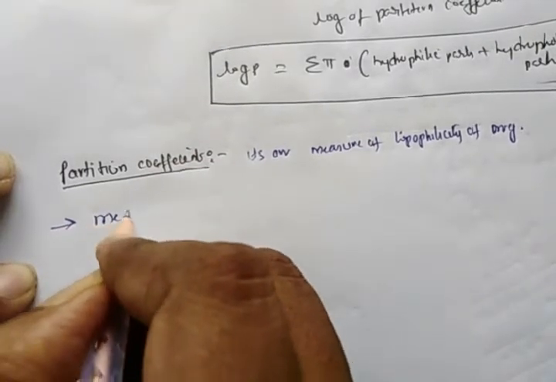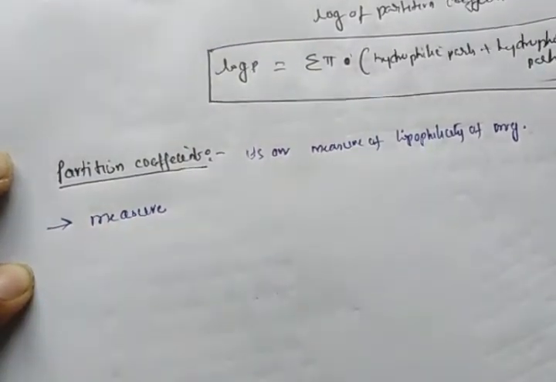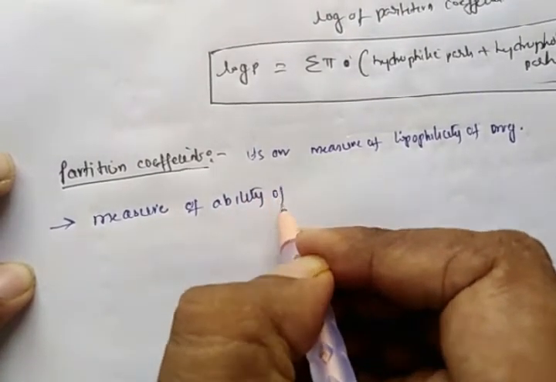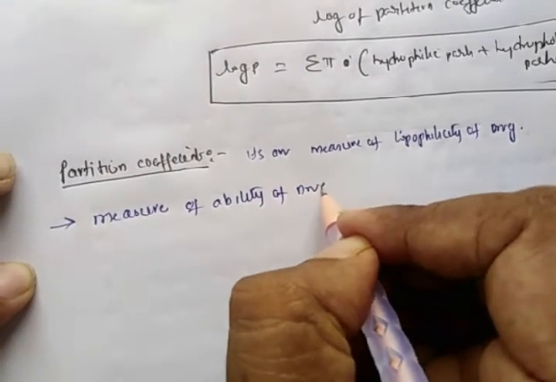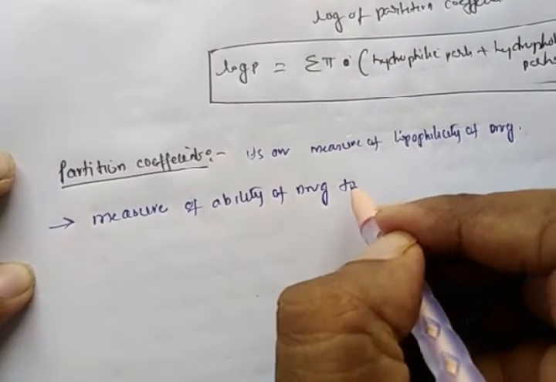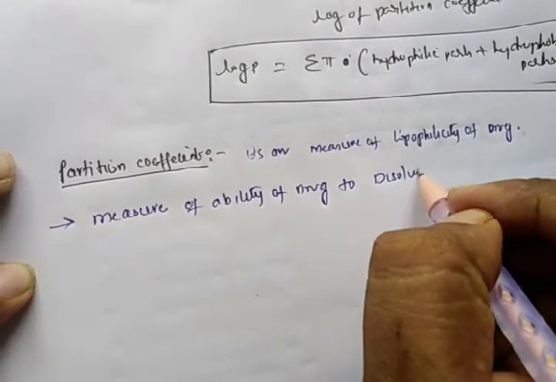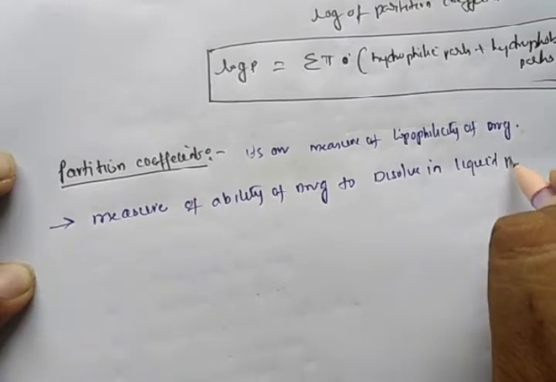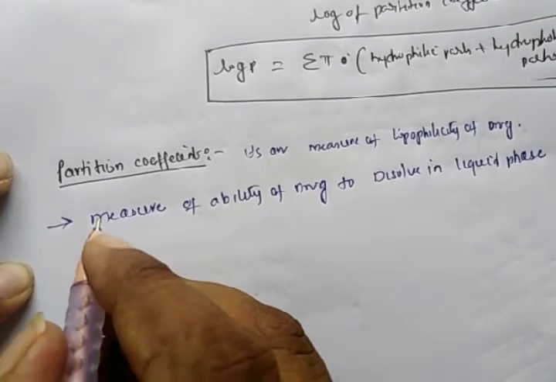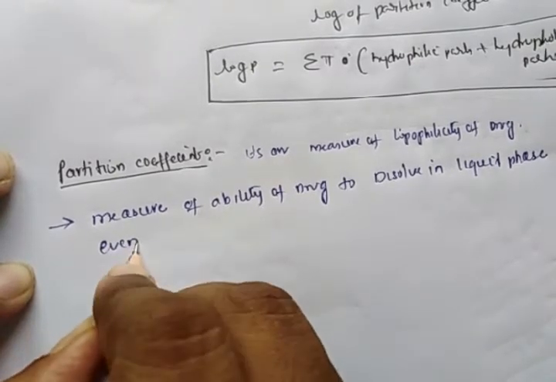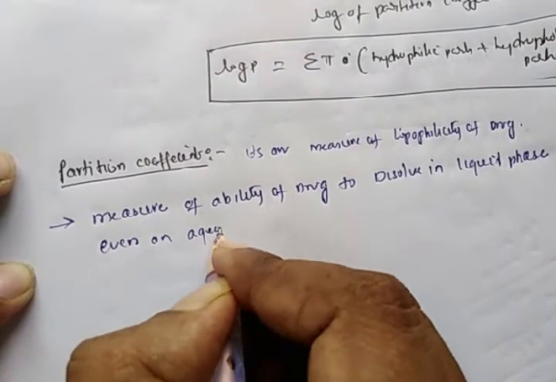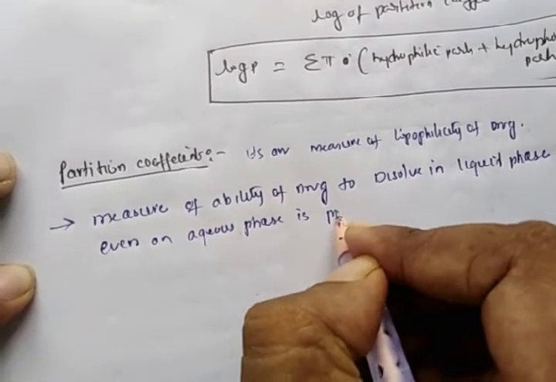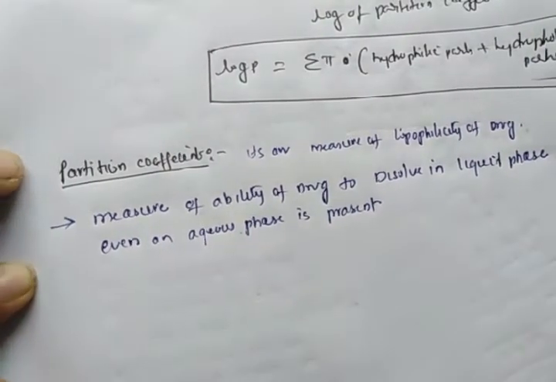It's also defined as a measure of the ability of a drug to dissolve in the lipid phase, even when an aqueous phase is present.